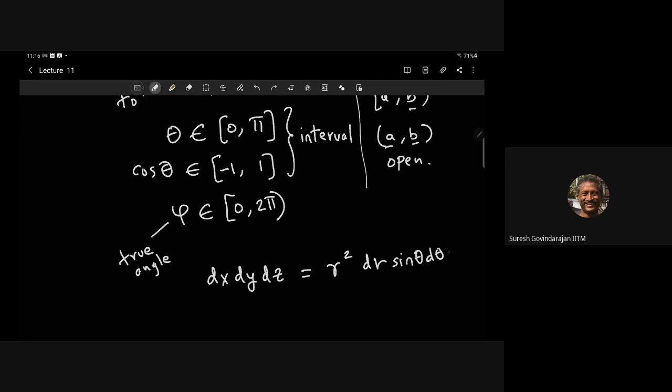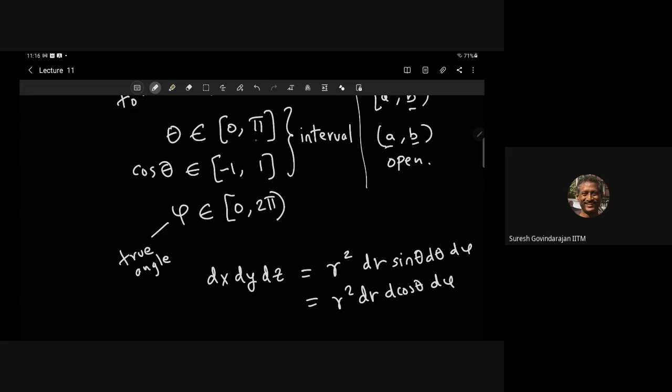But this can also be written as r squared dr d cos theta d phi. If you did d cos theta, it's minus sine theta d theta, but then you can take care of it by exchanging the limits of integration.